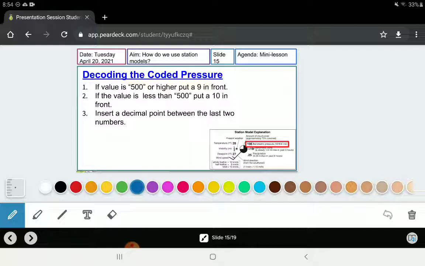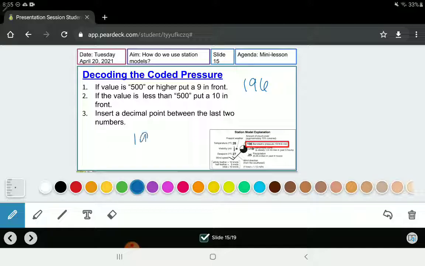Okay, so to decode the air pressure, this number is 196. 196 is lower than 500. If it is higher than 500, you put a 9 in front of it, but if it is less than 500, you put a 10 in front of it. So let me rewrite this.